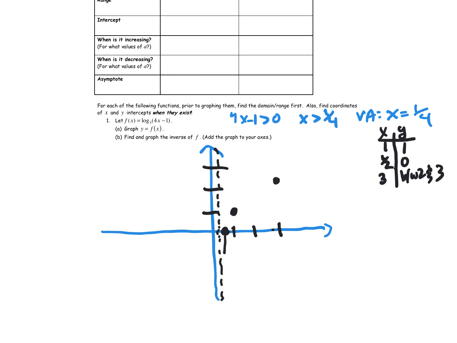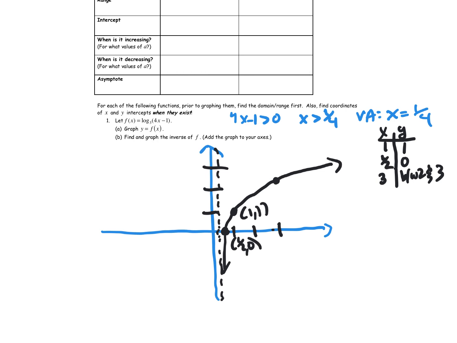This graph is looking like that. Okay, so that's the first one. Now it's saying find and graph the inverse. Actually, let me put in, before I forget, this was 1, 1, and this was 1/2, 0. Even though I have them on my table, I'm going to write them in too.